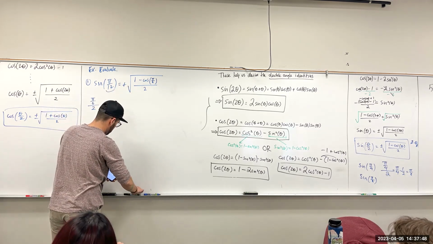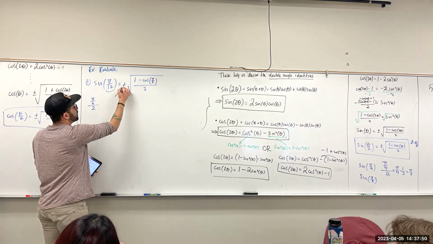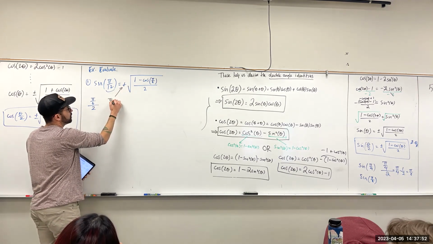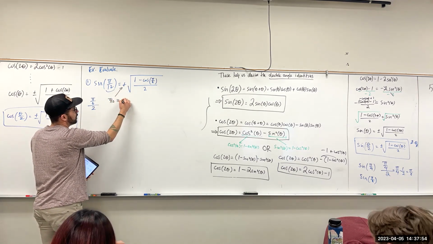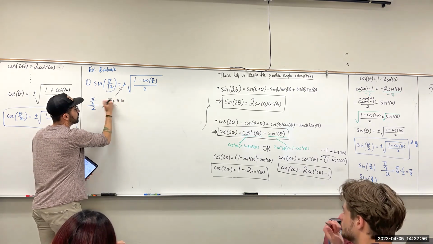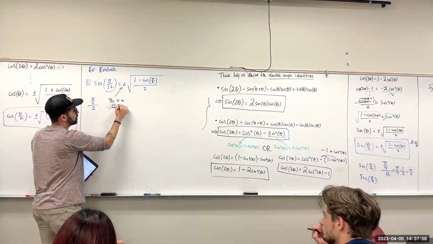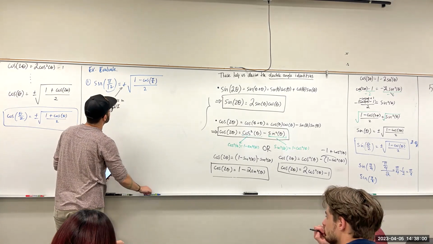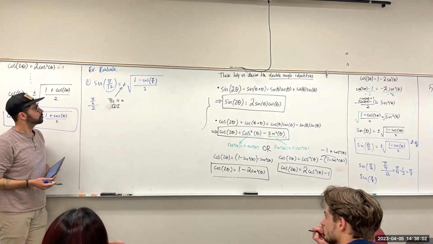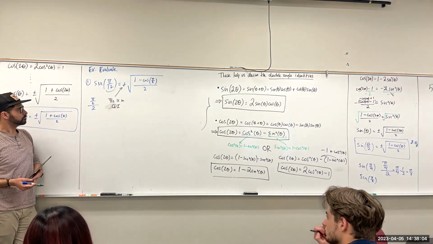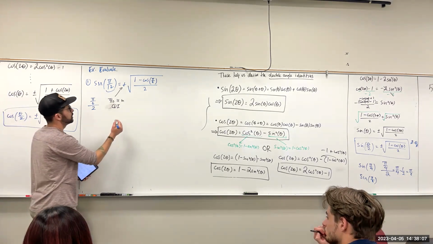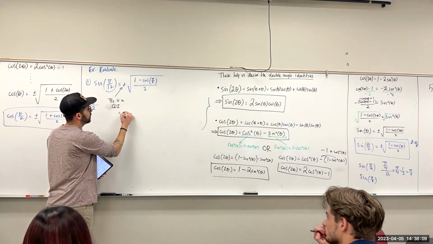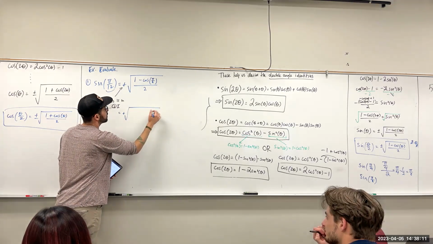Okay. This is because pi over 12 is, let's just say, in quadrant 1. Okay. Here you do have to simplify it.